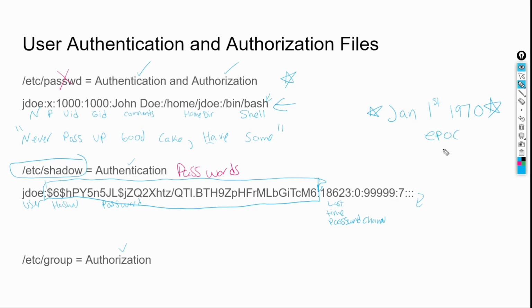So Linux, for whatever reason, decided to represent time as how long it has been since January 1st, 1970. I don't know why that is or why it was invented, but I would definitely remember Jan 1, 1970 for most Linux time values.